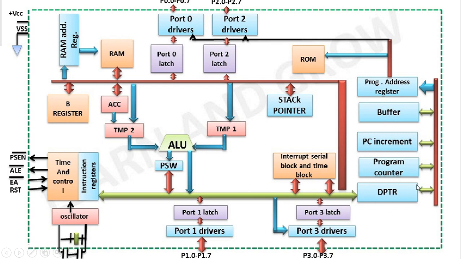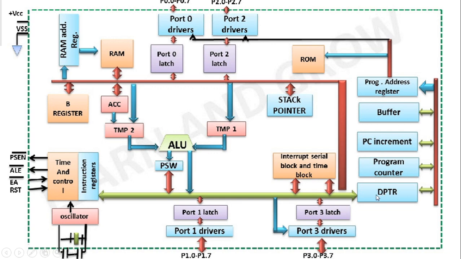Okay, and this DPTR is a special register, data pointer register. This is a special function register and is basically used for accessing data from external memory. Whenever some external memory is interfaced with the system, then this DPTR register must be used in order to access data from external memory.